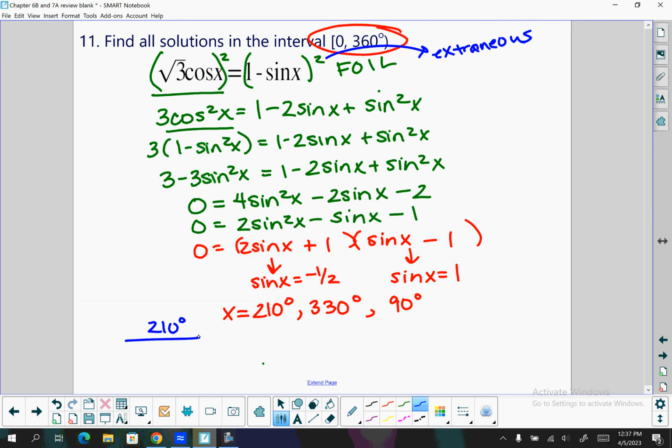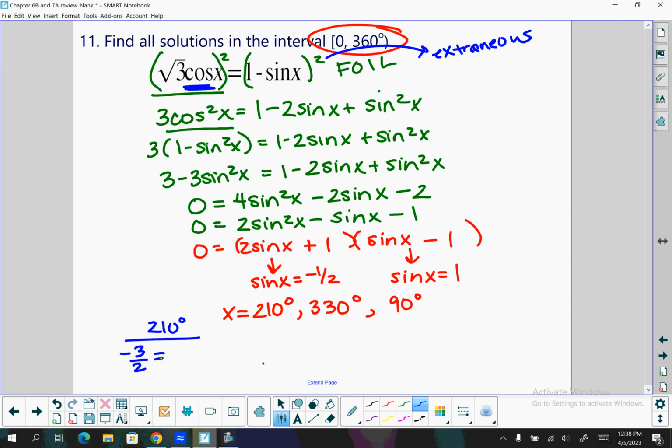If I put 210 in, can you tell me what the cosine of 210 is if I plug it in the left side there? What's the cosine of 210? Negative rad 3 over 2. And if I multiply negative rad 3 over 2 times rad 3, what do I get? Negative 3 over 2. So if I plug 210 on the left, I get negative 3/2. If I plug 210 on the right, I would have to do the sine of 210.